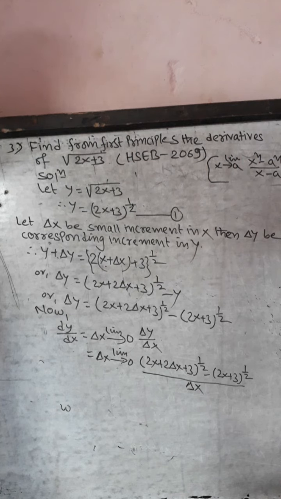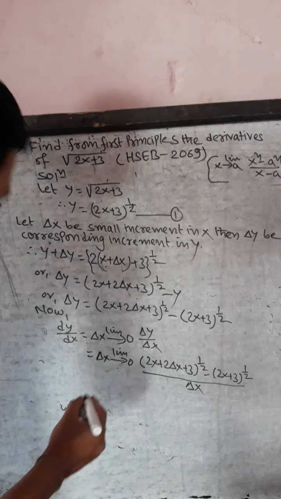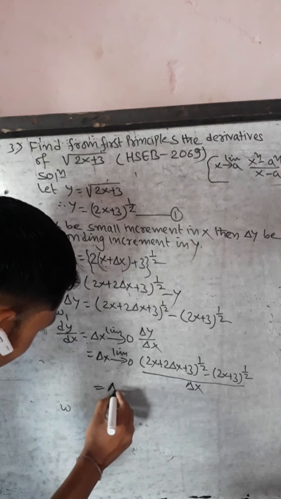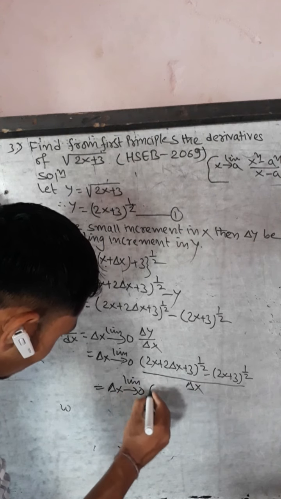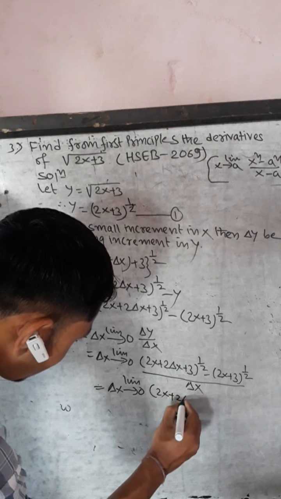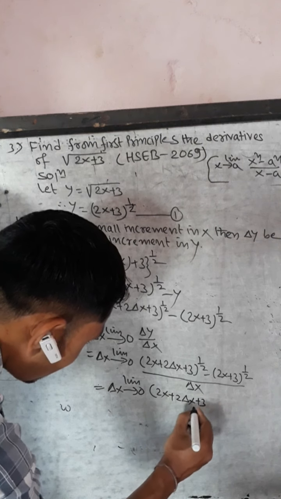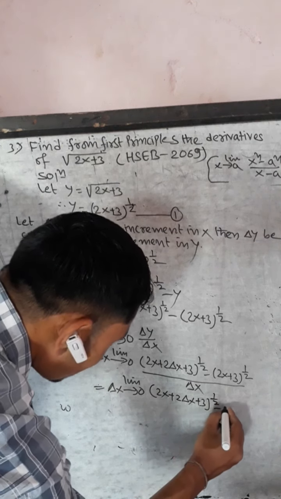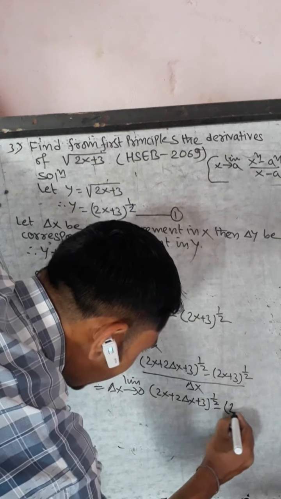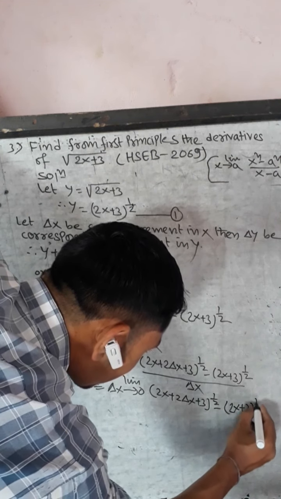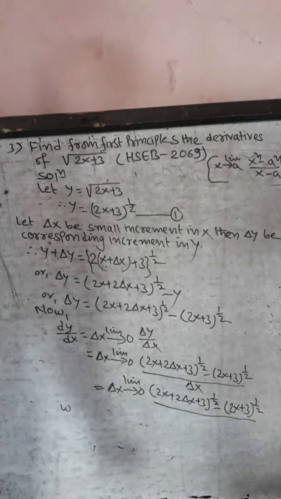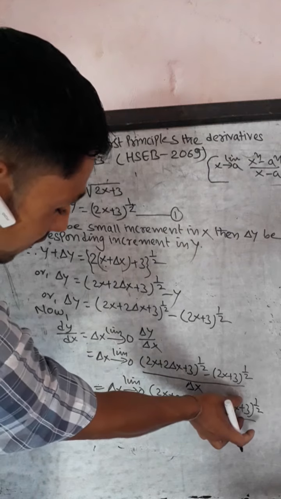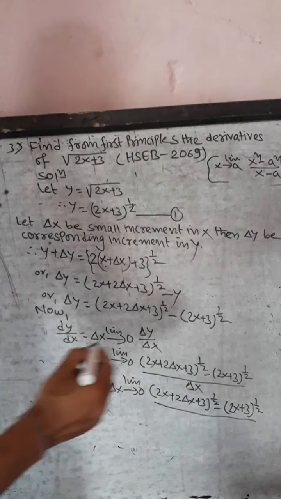Okay, so first let's make the down part the denominator like that only. 2x plus 2 del x plus 3 to the power 1 by 2 minus 2x plus 3 to the power 1 by 2. Now we are going to make the denominator x minus a in the form x minus a. X I am taking this part and a I am taking this part. Okay, let's subtract it and check it.